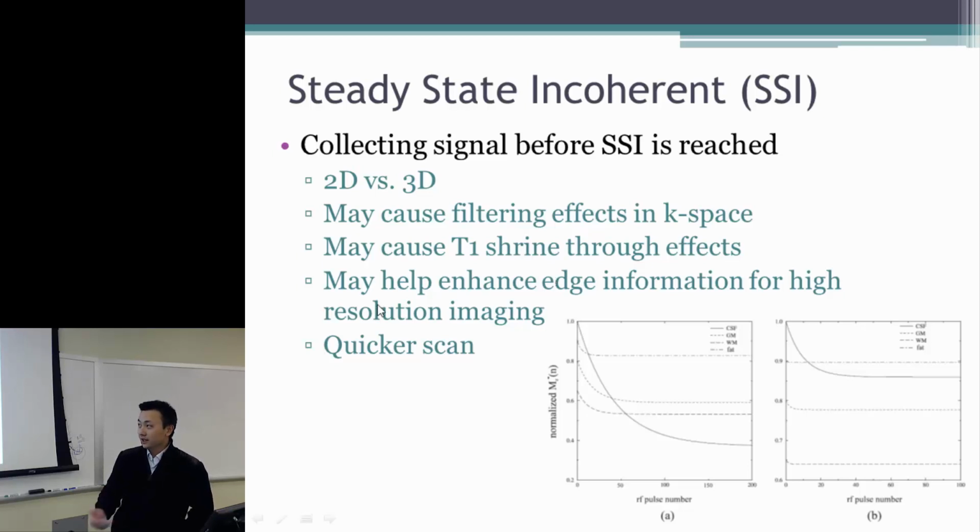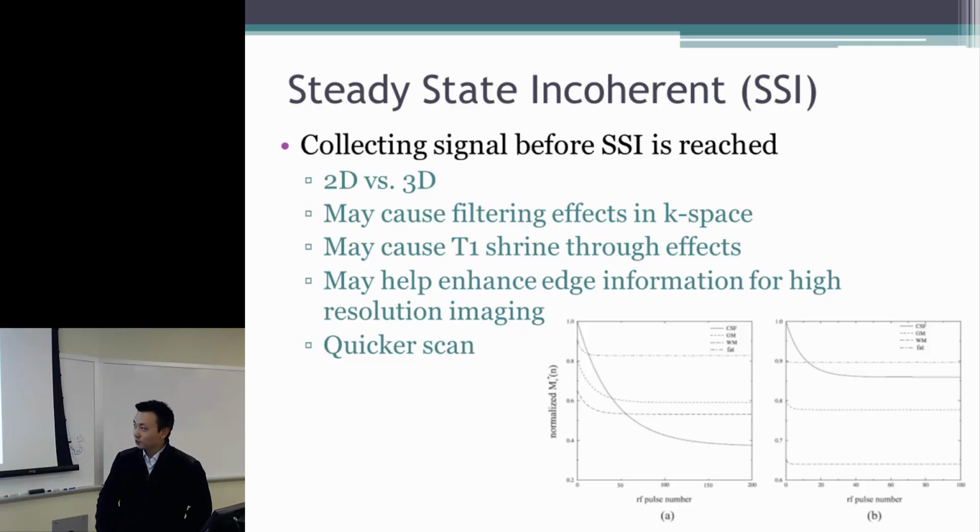But on the other hand, it may also help enhance the edge information if we use this higher signal portion to fill the edge of the K-space. It might help enhance the edge information for high resolution imaging. But most of the time, this may not be the case.